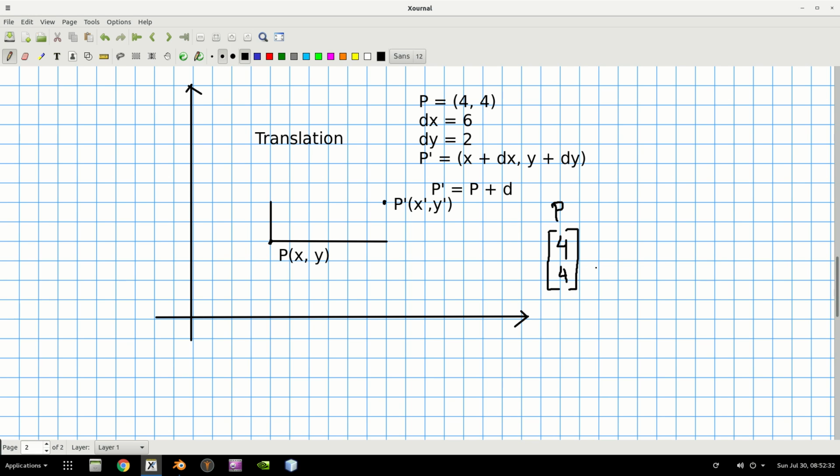And added to that, you add the displacement vector, which is another column vector or single column matrix. We are translating this towards the x-axis by 6 units over here and 2 units towards the y-axis. So the new location that you'd find is going to be another point, and the dimension for this matrix is going to be 10, 6, but the dimension is going to be 2 by 1, right? 2 rows and 1 column.